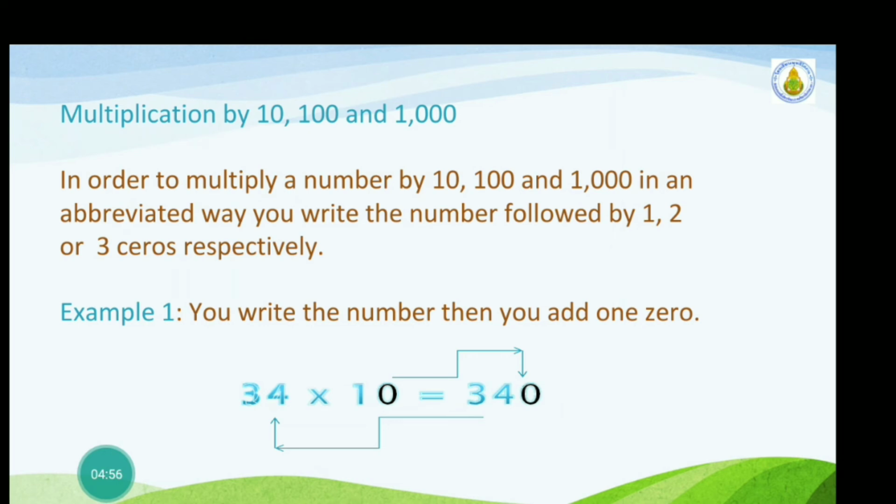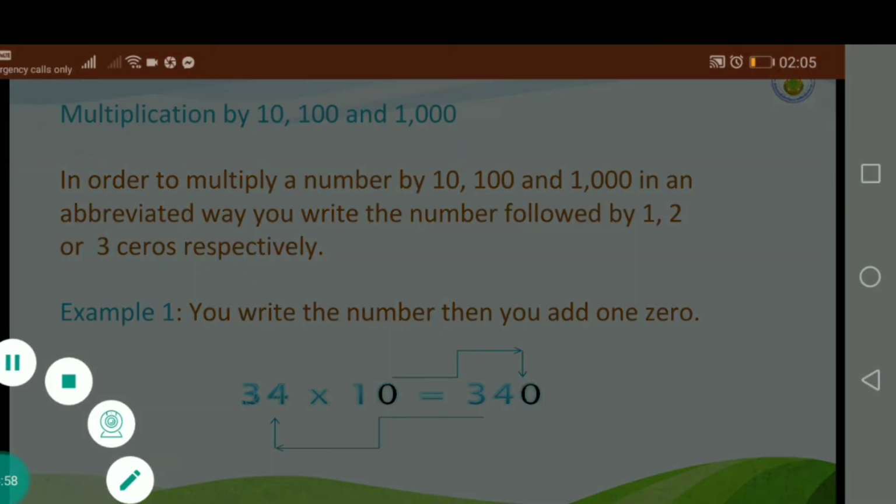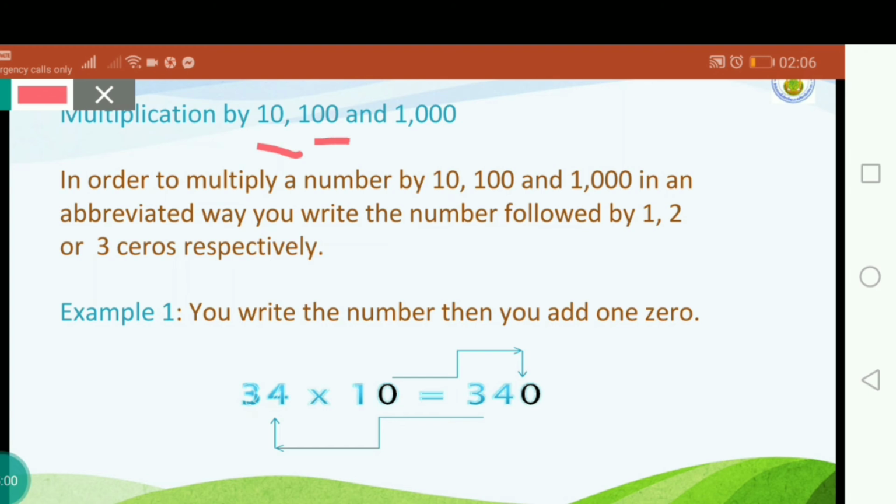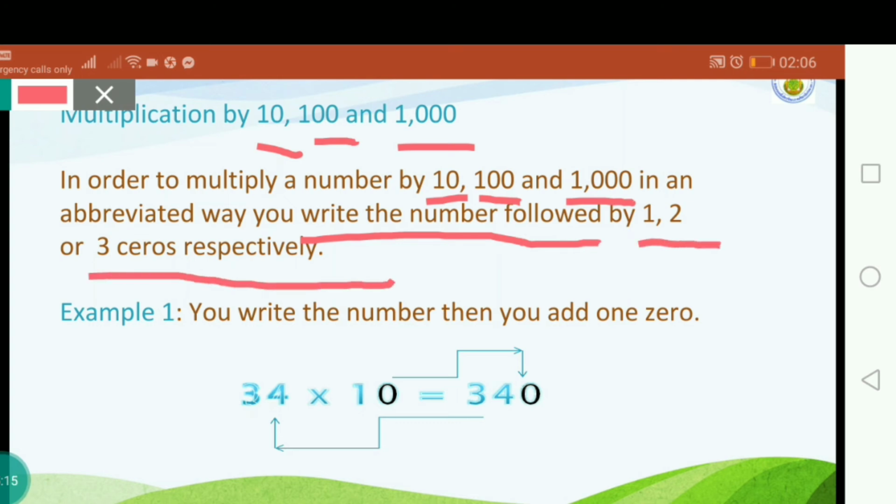Now let's learn how to multiply numbers by 10, 100, and 1000. In order to multiply a number by 10, 100, and 1000, you need to write the number followed by 1, 2, and 3 zeros, respectively. So you write the number, then you add 1 zero. For example, 34 times 10.